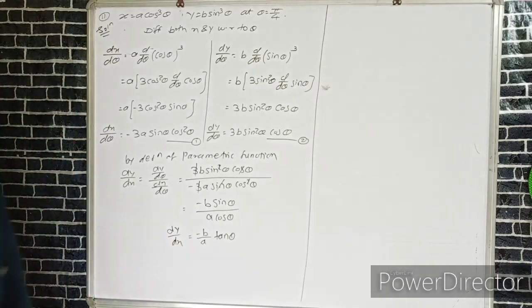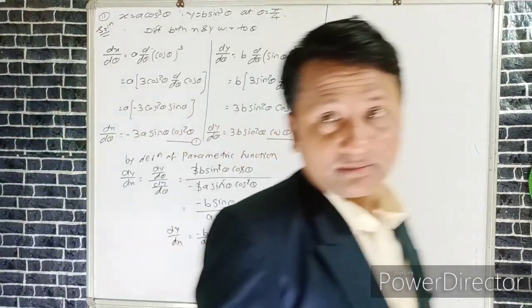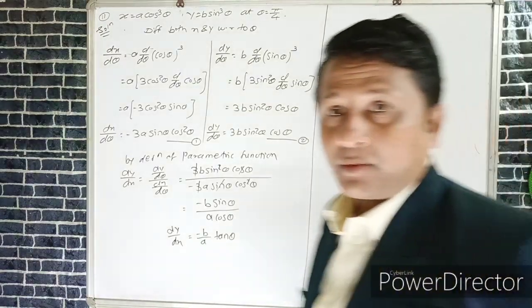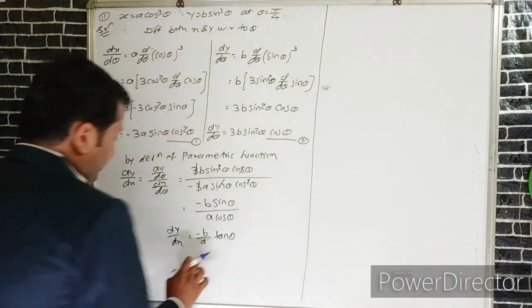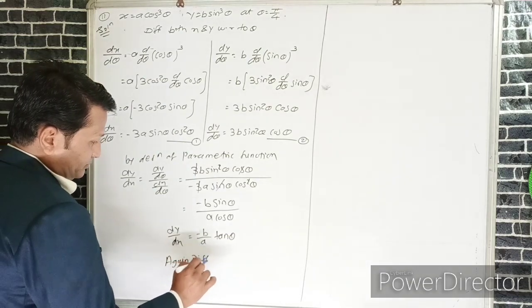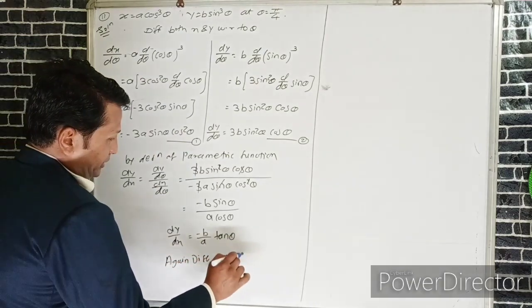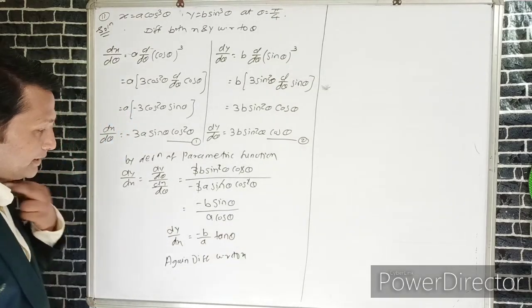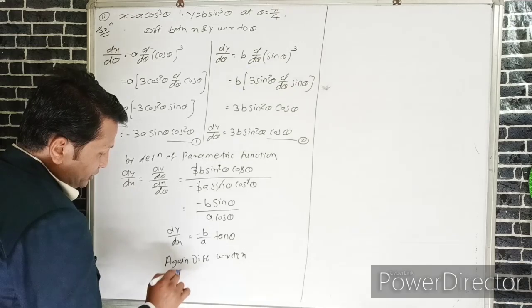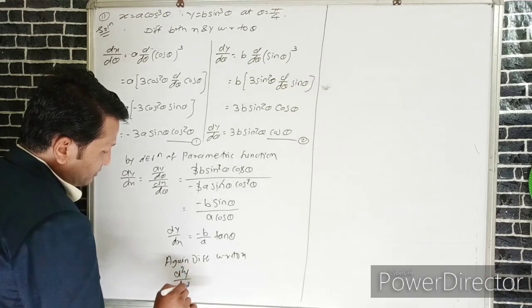But here we have to find d2y upon dx square. If we again differentiate with respect to x, we can write the derivative of dy upon dx, which is d2y upon dx square.